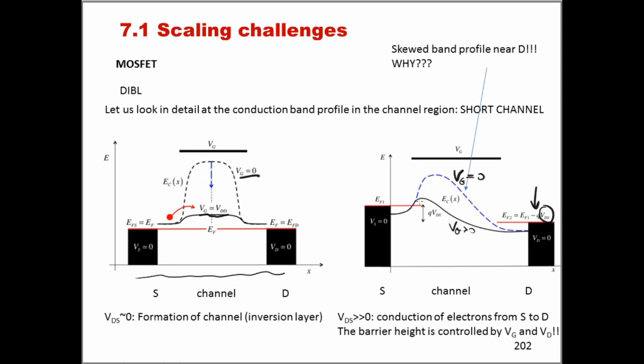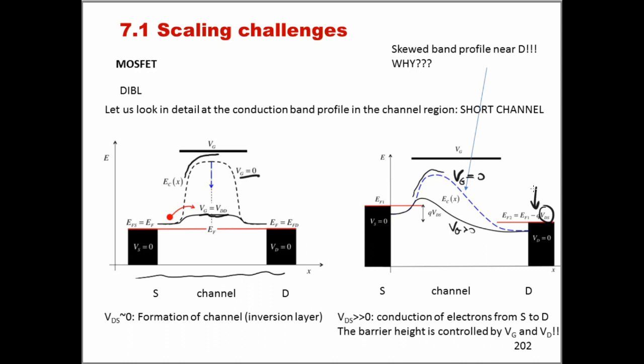and if we compare the energy diagram, the dashed line here, with the dashed line that we've seen before here when VDS was 0, what we clearly realize is that this skewed energy diagram here is now arising from the fact that VDS is non-zero.